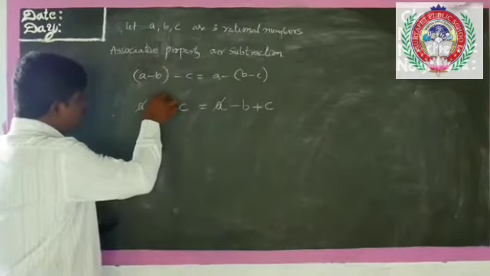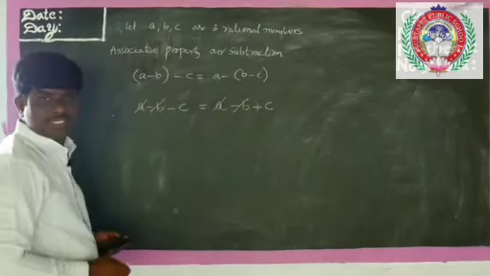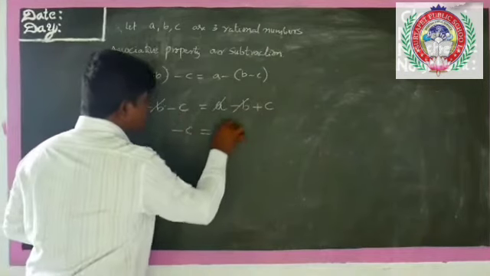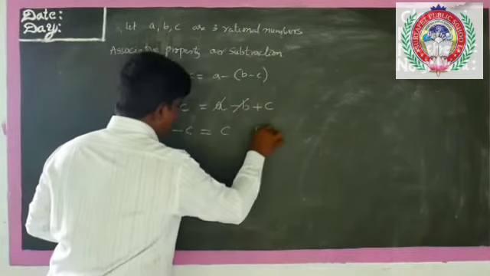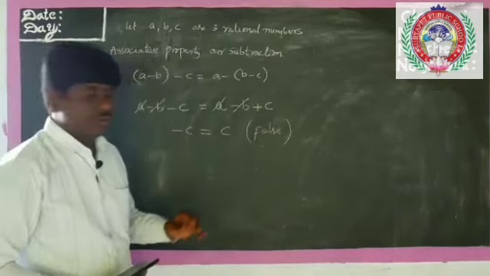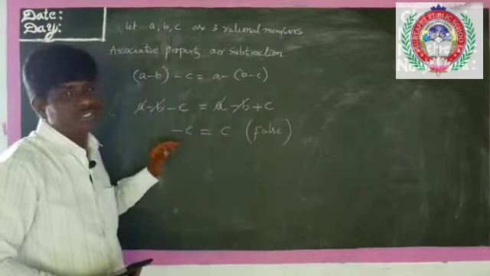Even we can cancel minus B on both parts. Now the remaining is minus C is equal to plus C, which is a false statement. Plus C will never equal minus C.